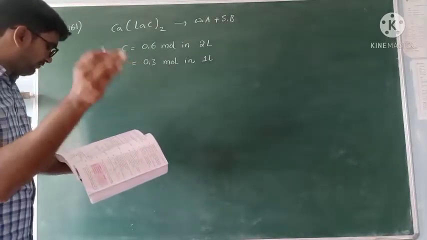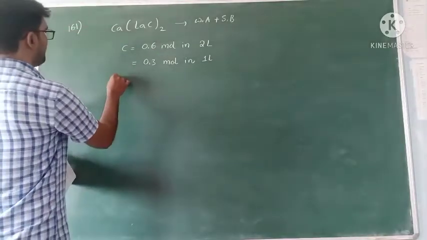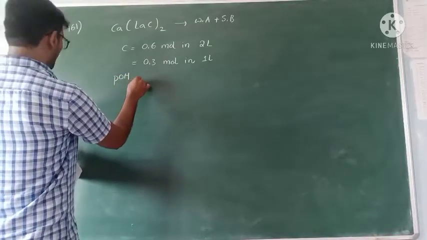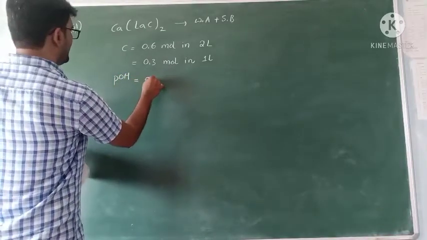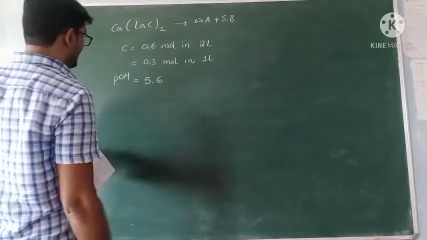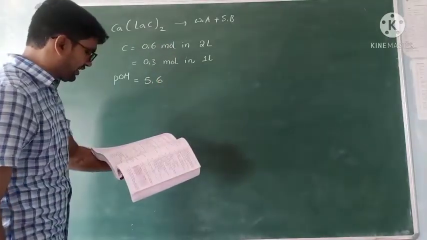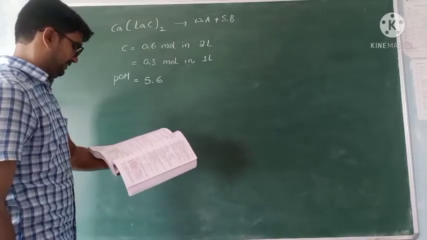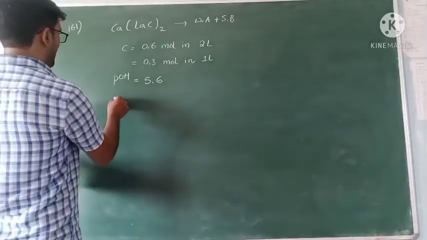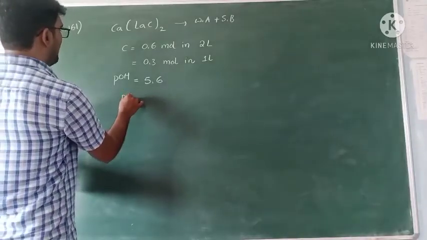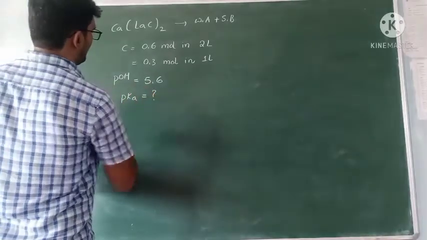And the pOH of the solution is given. pOH is equal to 5.6. If 90% dissociation of the salt takes place, then calculate the pKa.